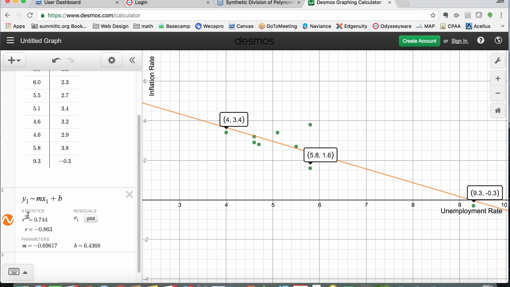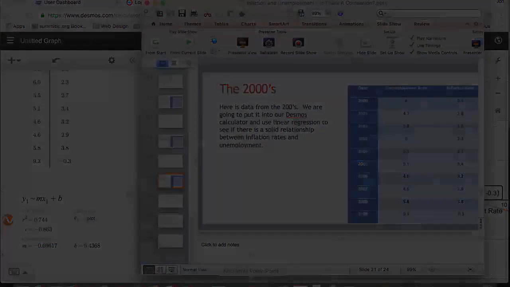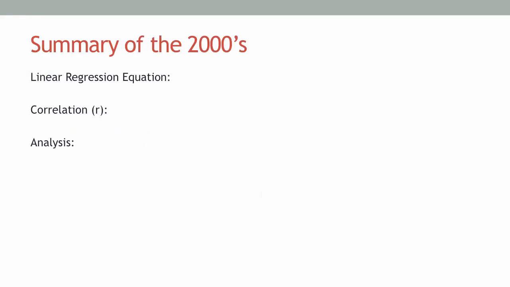And our equation would be y equals, our value for m was negative, so negative 0.7, let's round it to that. And our y-intercept was 6.4. All right, let's go back and summarize the results that we see here. So in the 2000s, what do we see? We have a linear regression.